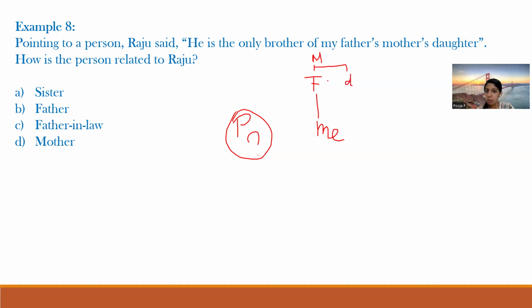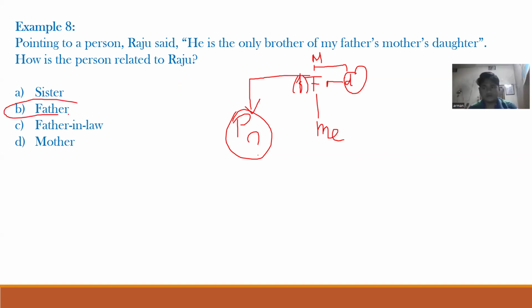That daughter is none other than my father's sister. Clear? This person, my grandmother's daughter, has only one brother, and that only brother is none other than my father. They've already specified the male gender. So the person in the photo, that is P, is none other than my father. So the correct option is option B, father. Clear?